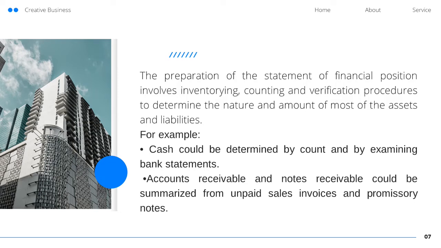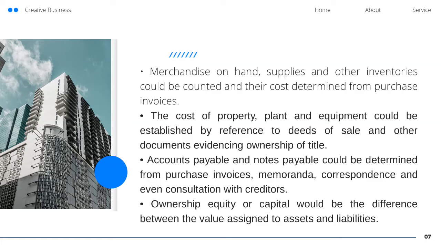By counting and examining bank statements, we can identify how much cash to record. Then second, accounts receivable and notes receivable could be summarized from unpaid sales invoices and promissory notes. Third, merchandise on hand, supplies, and other inventories could be counted and their cost determined from purchase invoices.